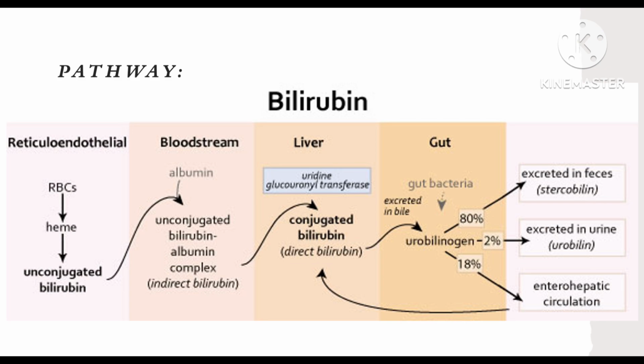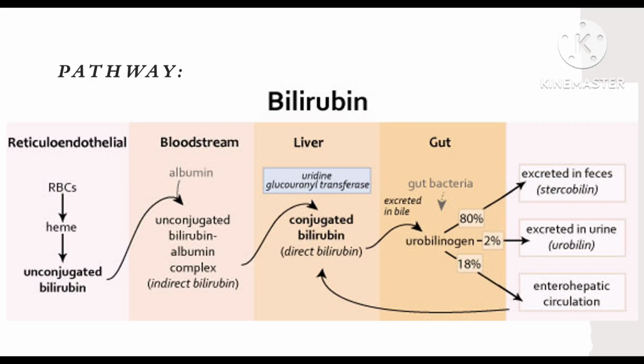So, in summary, bilirubin metabolism represents an elegant and essential detoxification pathway. Again, heme is degraded into biliverdin and bilirubin. Bilirubin is transported to the liver bound to what protein? That's albumin.